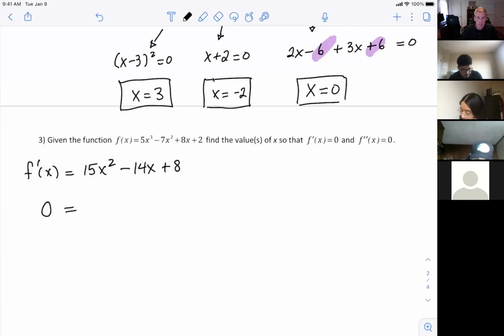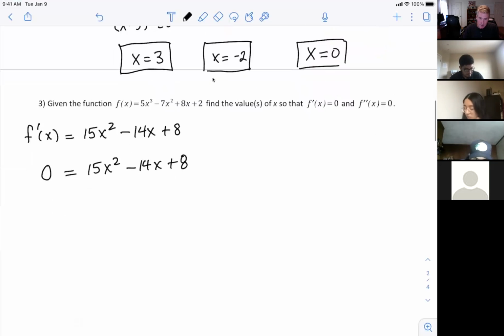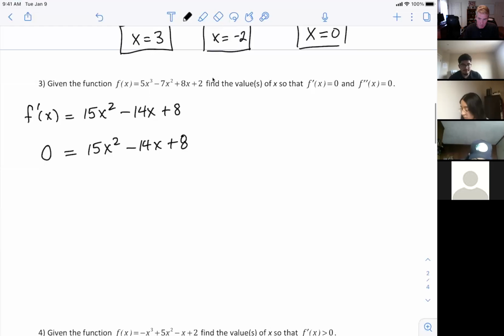And with a 15, a 14, and an 8, I don't think I could factor anything out. So it's possible that it could factor, but factoring only works sometimes. The quadratic formula works every time. So I'm going to use the quadratic formula.